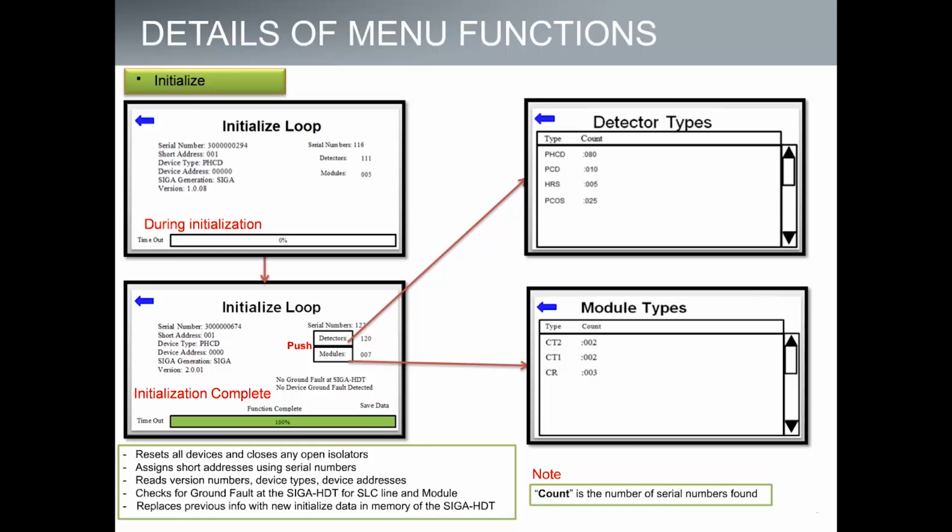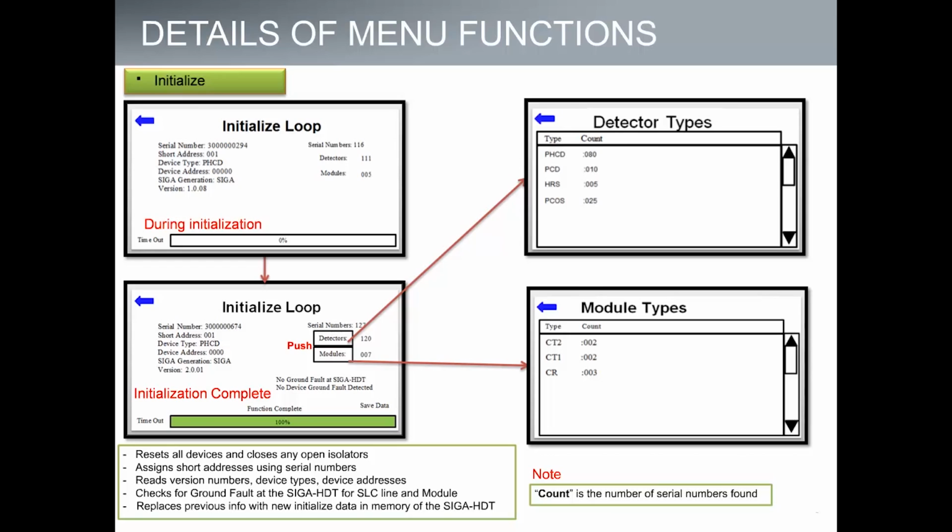The initialized data is stored in the Stored Database Info page of the display and can be accessed by pressing the Loop History button.